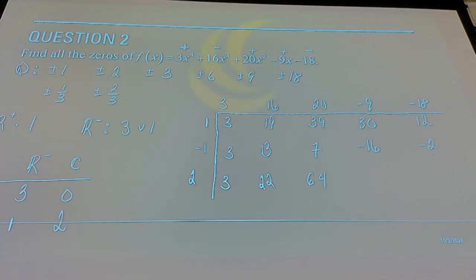Times 2 plus negative 9. Yeah, I don't even have to continue because there's no way that's a 0. 2 times 1, 19 is not 18. Cross that off. It's not 0, so I don't care.